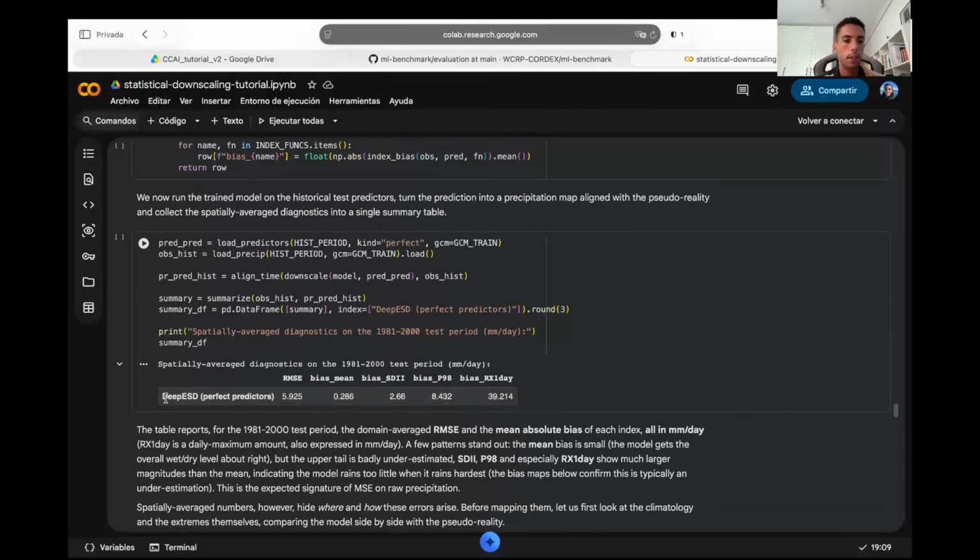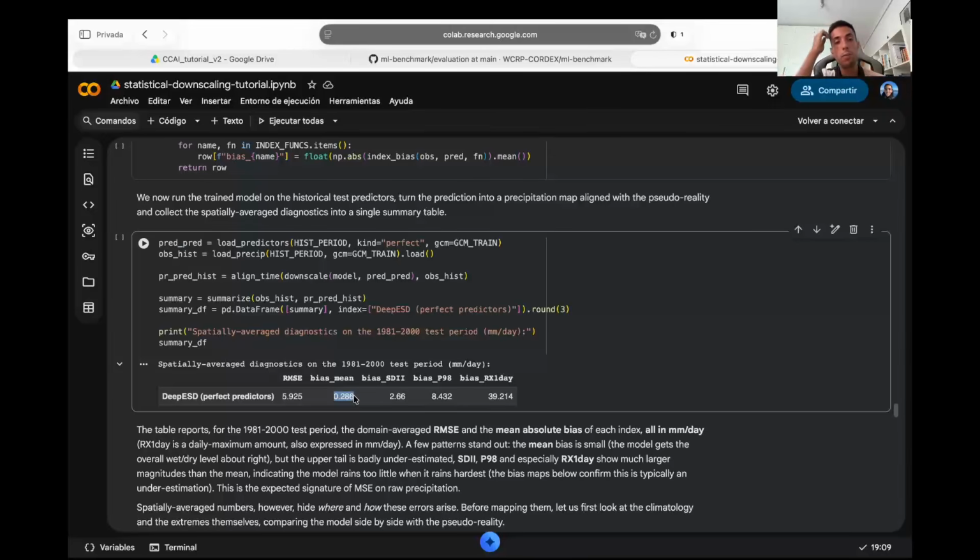And actually here you can see an evaluation that we have done of the model on this period that I have mentioned. If we focus, for instance, on the bias of the mean, we have this value. These are millimeters per day. So one could say, well, it looks fine.